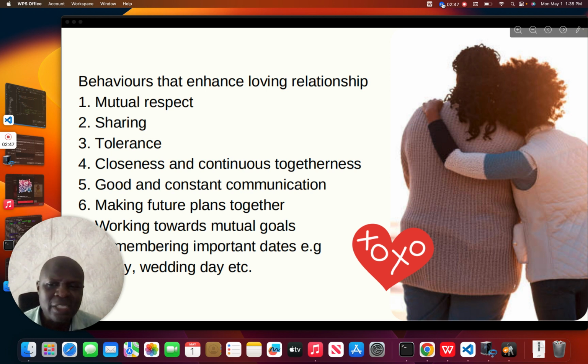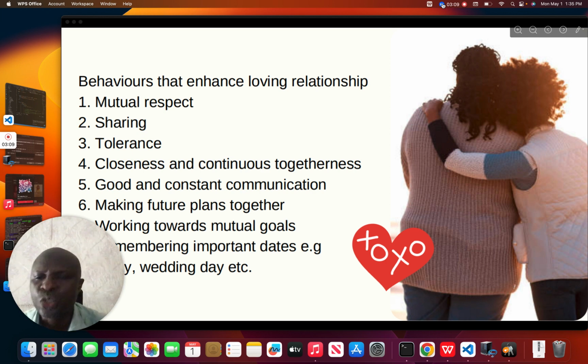Remember, the person you are trying to relate with is coming from a different background, just the way you are coming from a different background. Now, when you are not ready to share things with that person, then you are not behaving in a way that shows that you love or you care for that person.